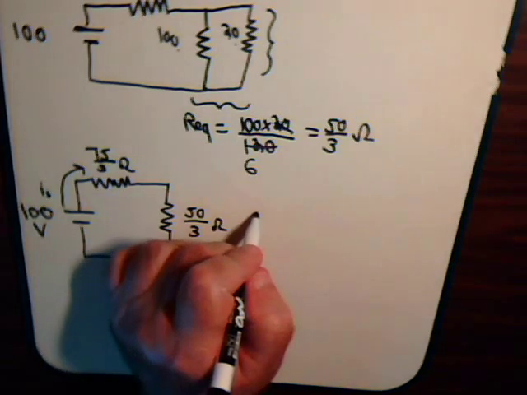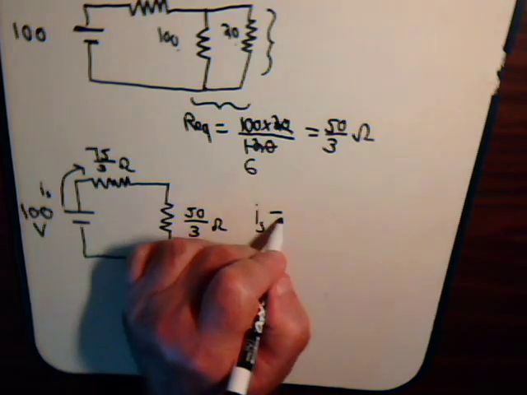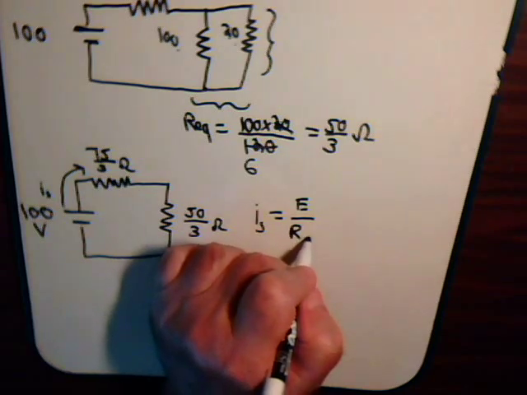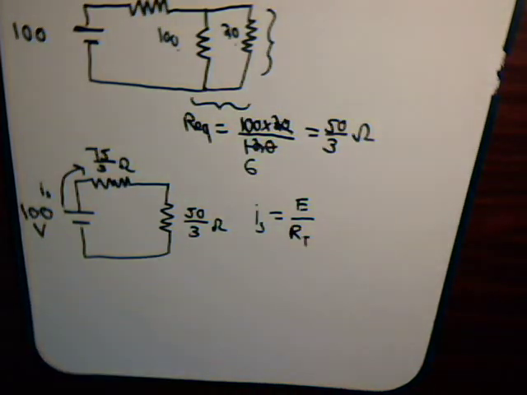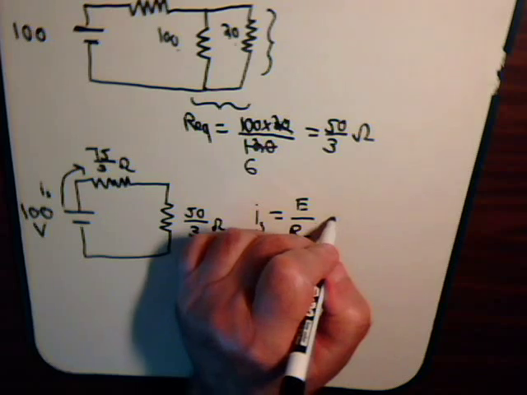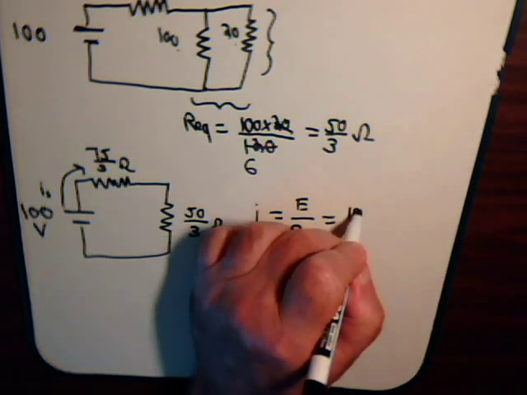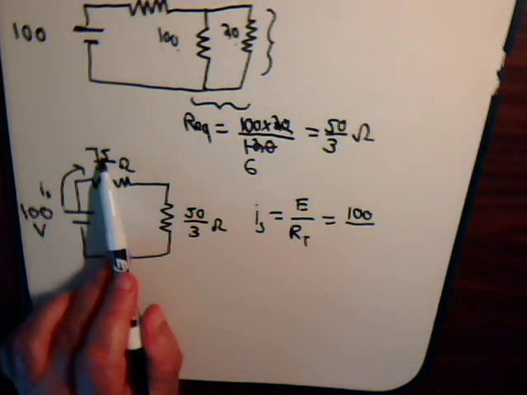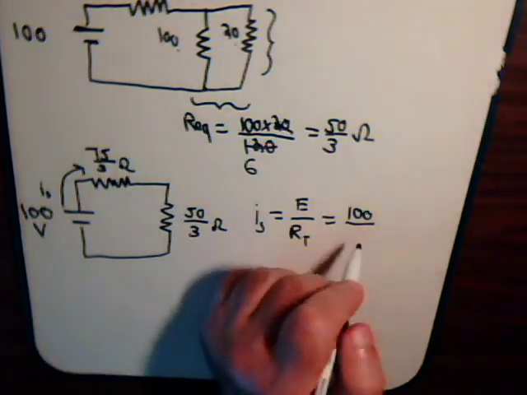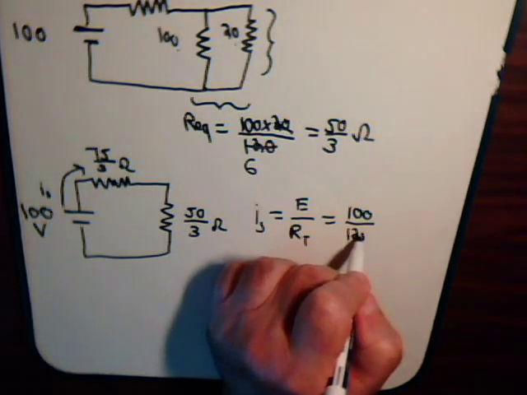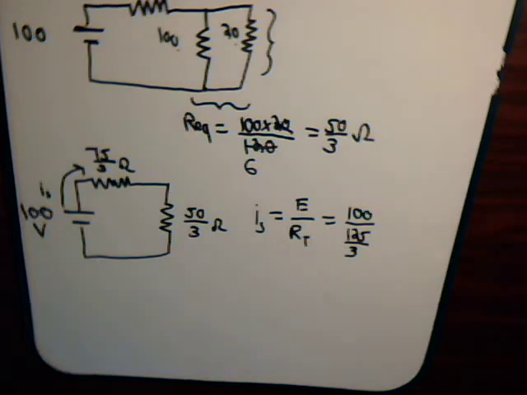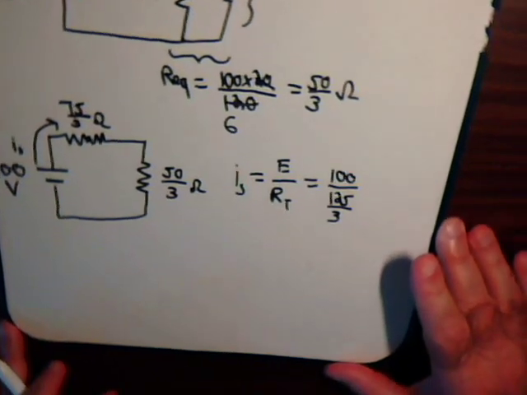Of course, that's simply the voltage, 100, divided by the total resistance, and the total resistance is 75 plus 50, that's 125, divided by 3.